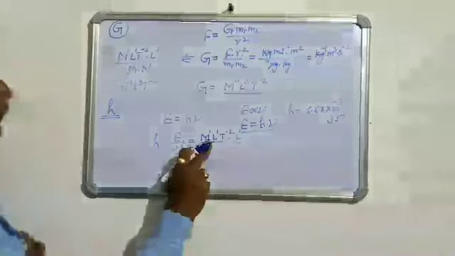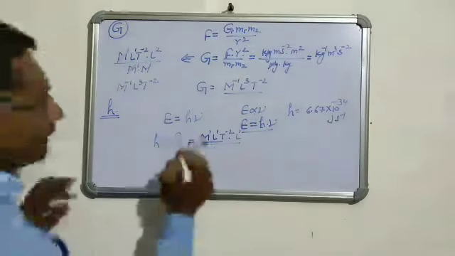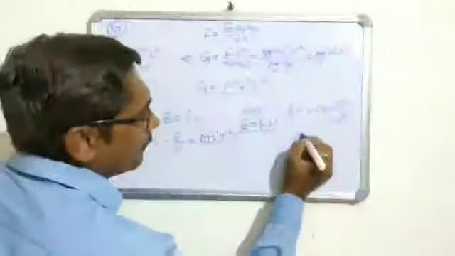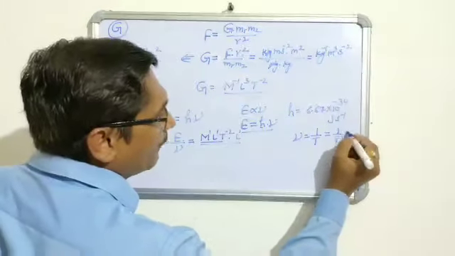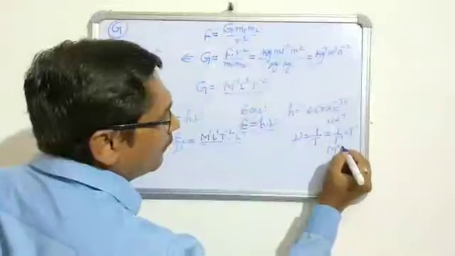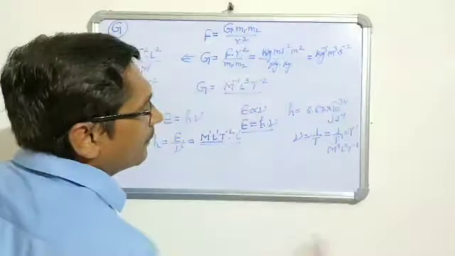Energy equals work done equals force into displacement. This is the dimensional formula of force, and this is displacement, and here is frequency. Frequency is the reciprocal of time. So the dimensional formula of 1 upon T1 equals T minus 1, so M0 L0 T minus 1.